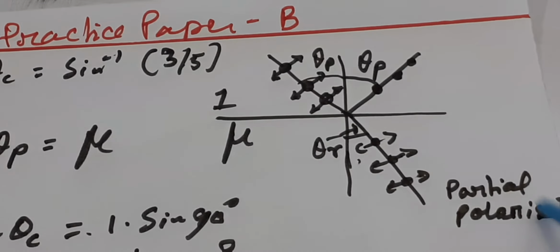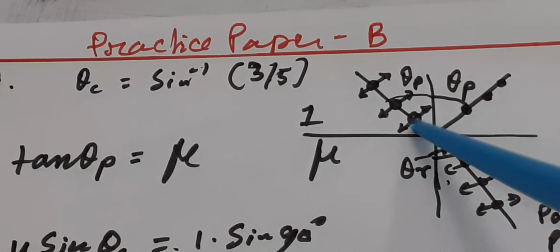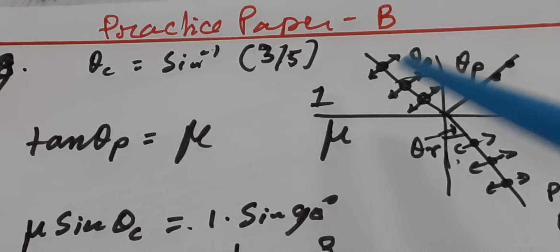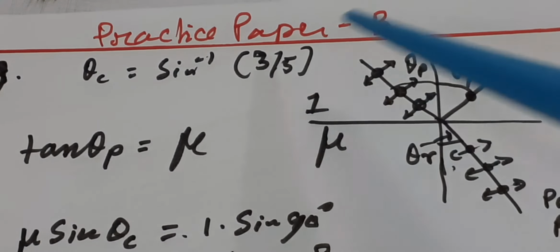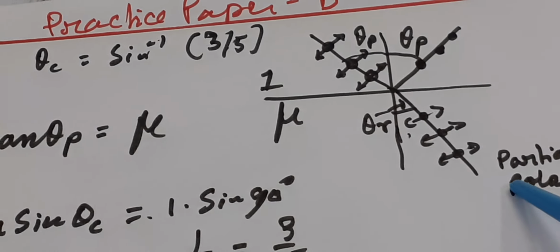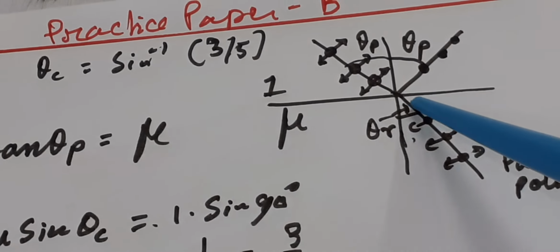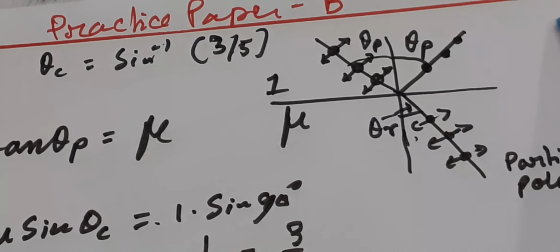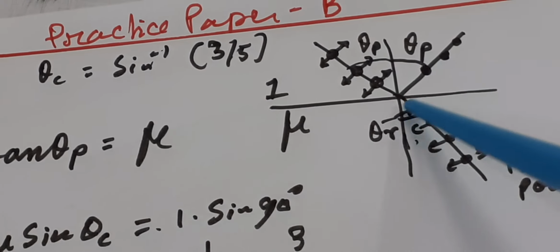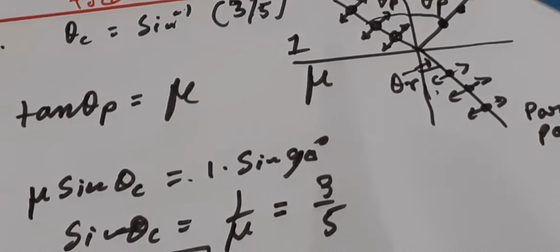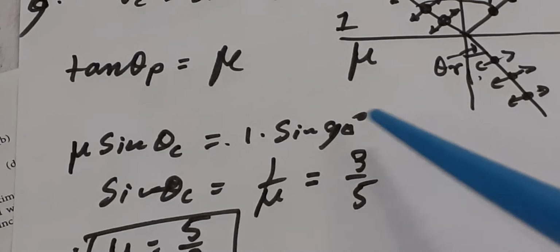Dot means out of the plane, cross means into the plane, so that is unpolarized light, and here also it is partially polarized. The intensity magnitude will reduce slightly, but here you can see the cross part is gone and only the dot part is there, that means only a particular direction is allowed, that means plane polarized.